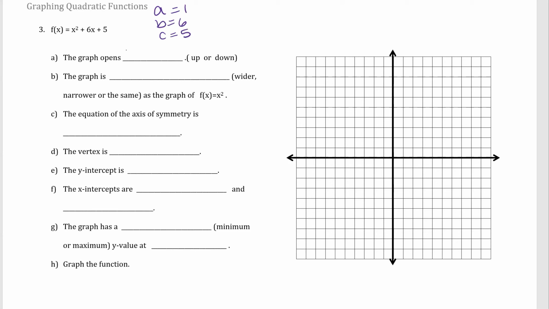The graph is going to open up because a is positive. It's going to be the same width as y equals, or f of x is equal to x squared. The axis of symmetry, we calculate by negative b over 2a.